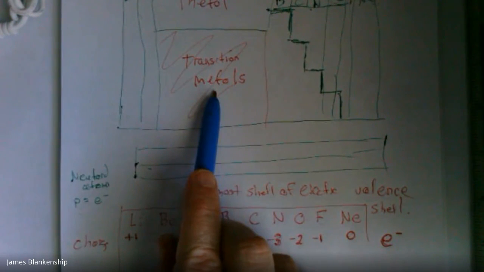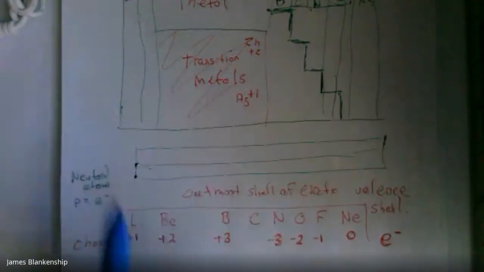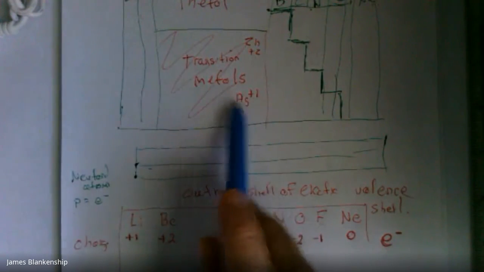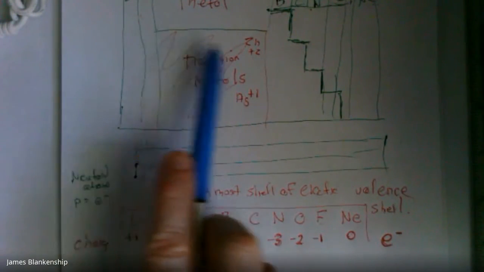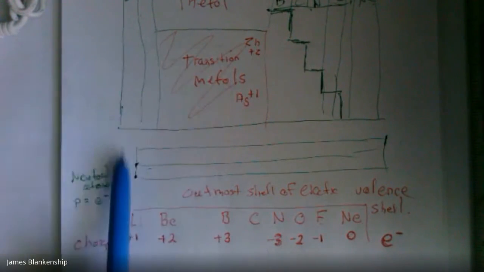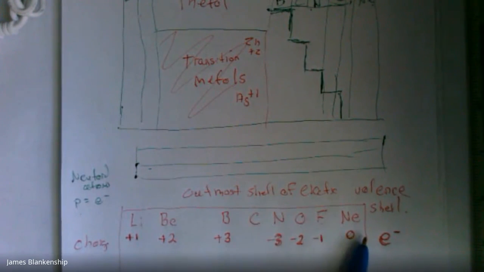There are a few transition metals that have only one possible charge. There's zinc, which is a +2. You also have silver, which is a +1. And after that, it gets very helter-skelter. Most of these metals can have many charges. But the important thing to appreciate is that metals are positive, nonmetals are typically negative.